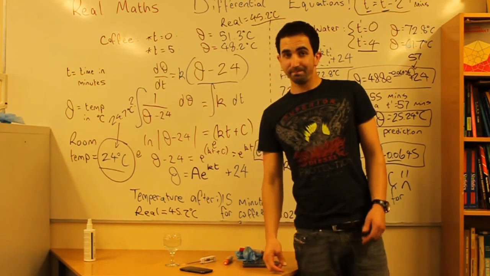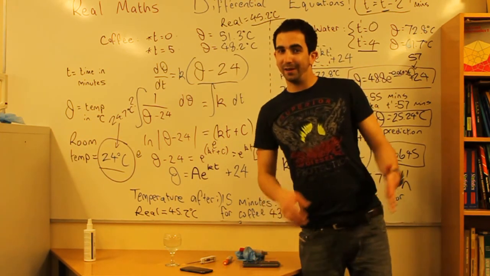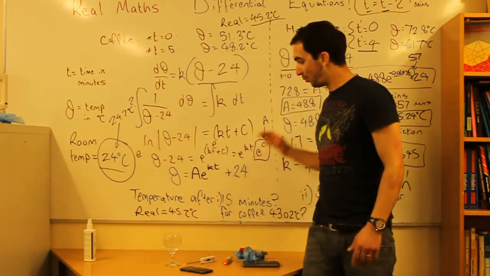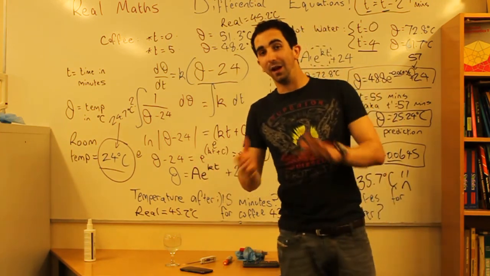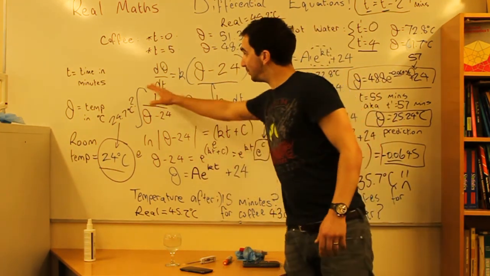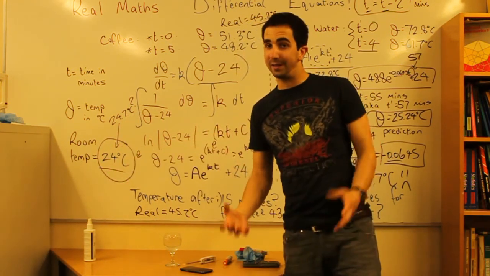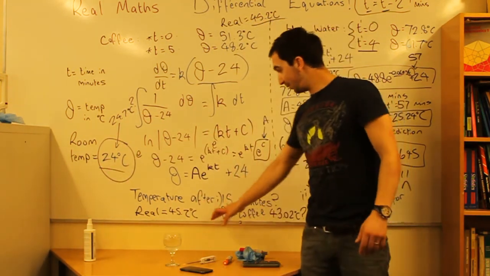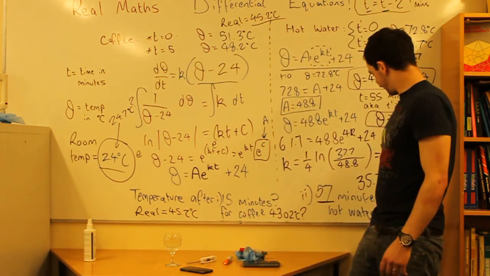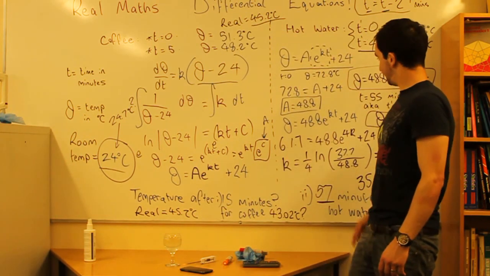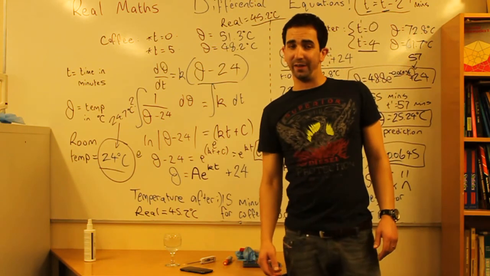Thanks for watching. Sorry about the mistakes, sorry it's not quite worked out perfectly. If you do have a bad approximation like that, the more time that goes on, the worse your predictions are going to get, which is an interesting thing. Whereas it wasn't so bad there, it's got much worse here for the real thing.